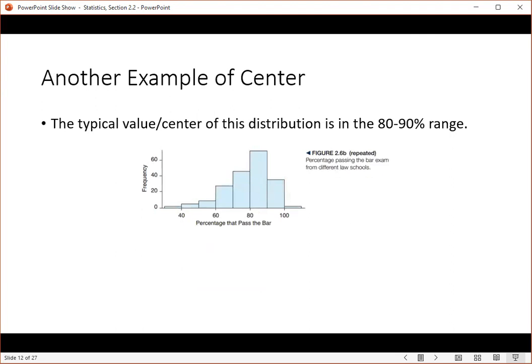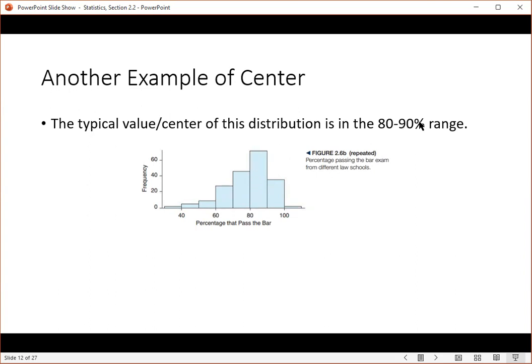So here's another example. This time we have the percentage of people who would pass the bar exam from a bunch of different law schools. Okay, and so if you look here, again, we have more data on the left side of this peak than on the right side. So I would say that the middle of the data looks like it's relatively close to 80, maybe 85.